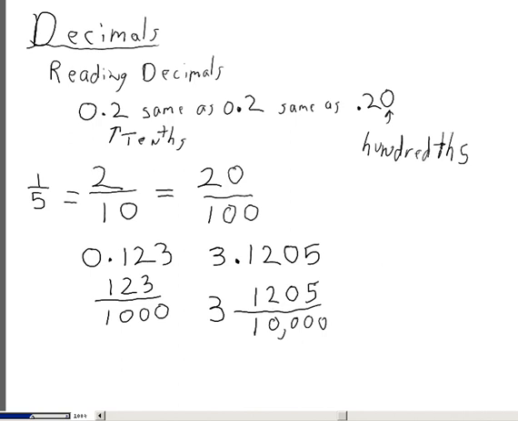Now this will reduce, and I know this reduces because 5 will go into 10,000 and 5 will also go into 1,205. Well, if you take 5 into 1,205, 5 goes into 12 2 times with 2 left over, and then 4, and I think a 1. Let's double check that. Let's take 5 into 1,205.